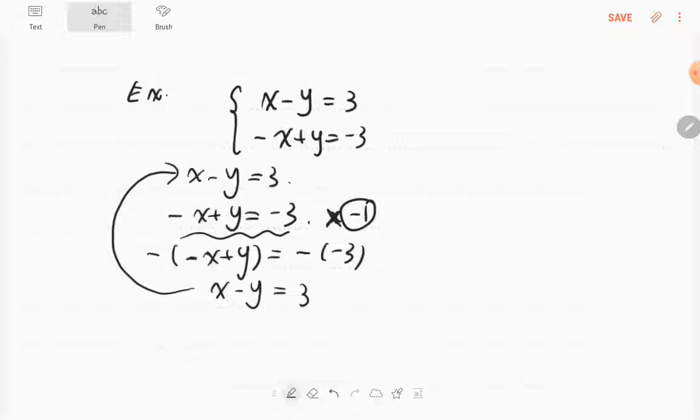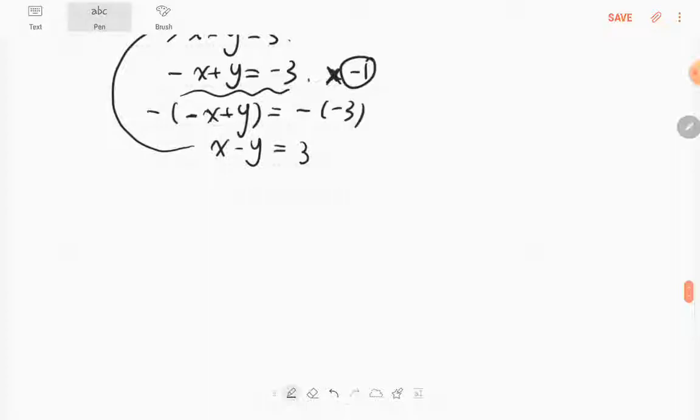So in this case, we call the two equations identical. They are actually just the same straight line. If we draw the graph, we will find this is the same line. They are just identical to each other. Although they look different, they actually are the same line.